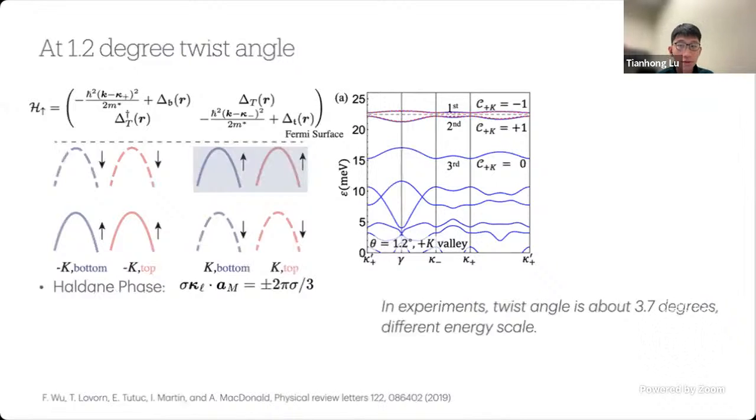They first start with the continuum model that includes 2 layers at a single spin valley and add tunneling between the layers on the off diagonal. Because of the spin valley locking, we can just pay attention to one valley with one spin.